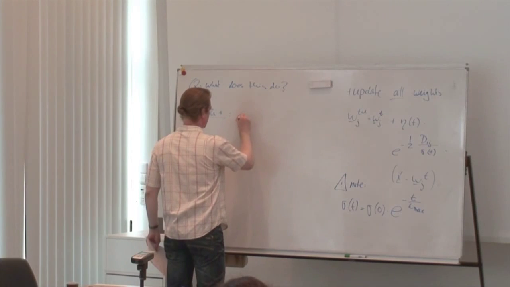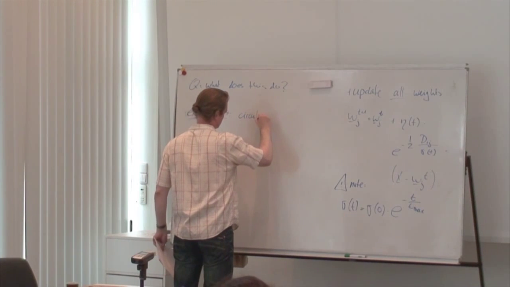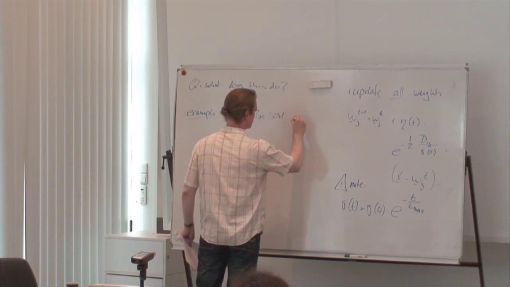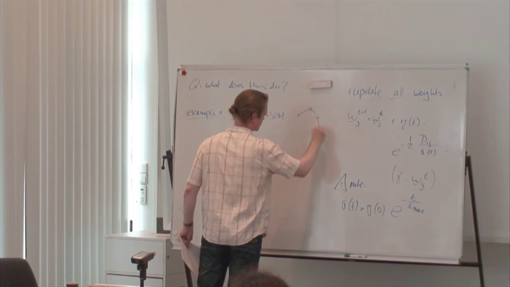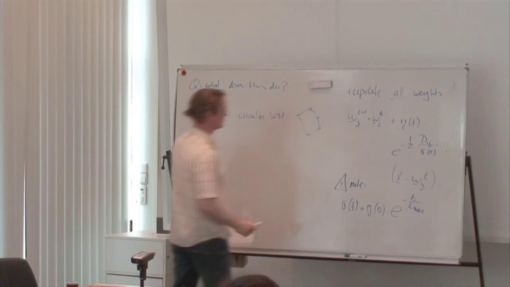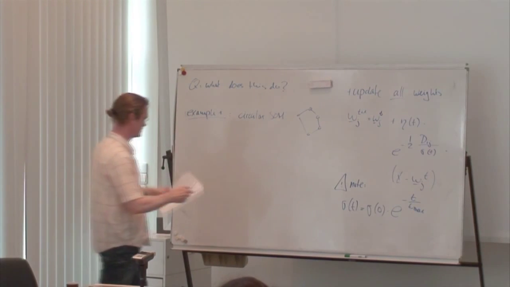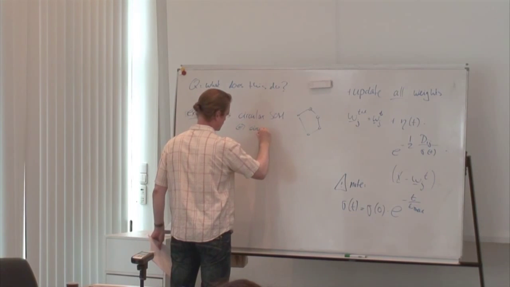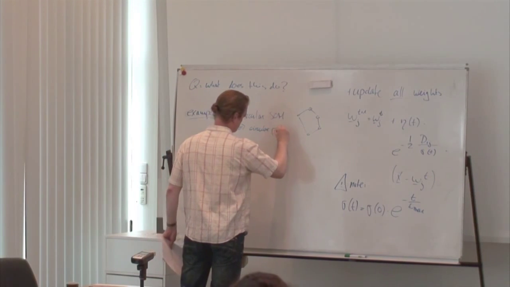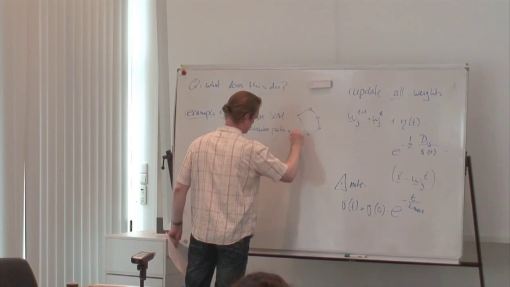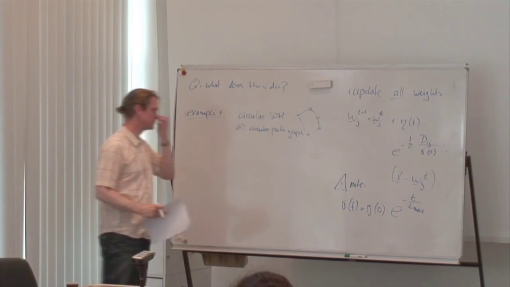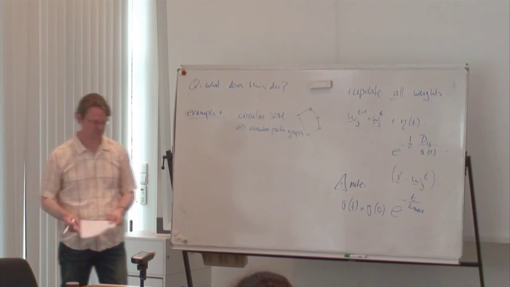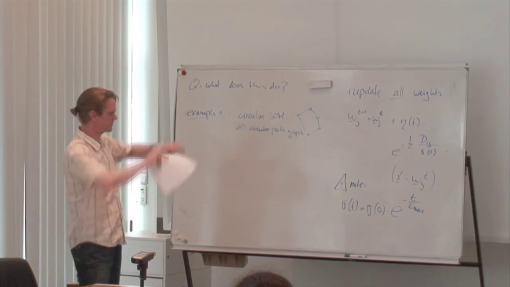Let us consider a circular self-organizing map, that is a graph that looks like so. I don't know, 5, 9, I don't really care. This is also, to use a fancy term, a circular path graph. Every node has degree 2, and this is closed.